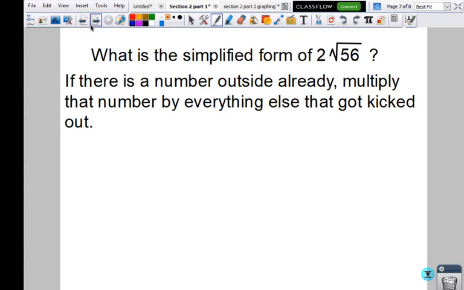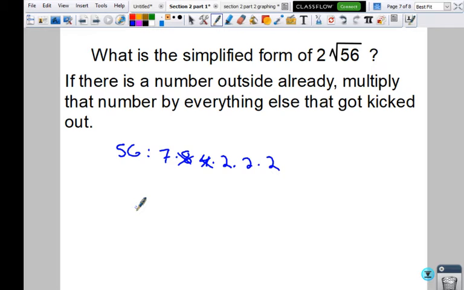Okay, one last thing. We're gonna do the simplified form of 2 square root 56, right? If there's a number outside already, we're gonna multiply that number by everything else that got kicked out. 56 is going to be 7 times 8. 8 is 4 times 2. 4 is 2 times 2, right?